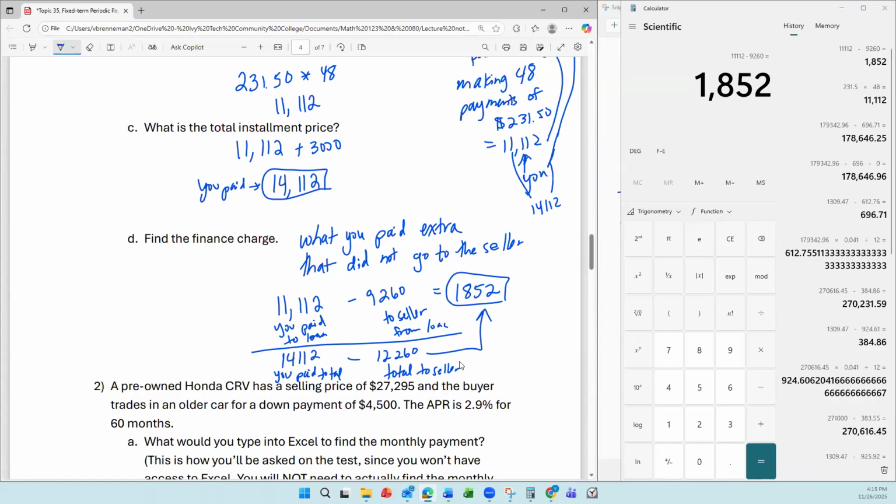So the main thing is you just don't want to mix those up. Either you include the down payment in thinking about the amount you paid and counting that as already paid, or you look at just what's on the loan, or at the total including the down payment, but don't mix those up.